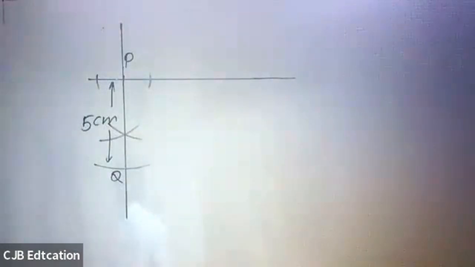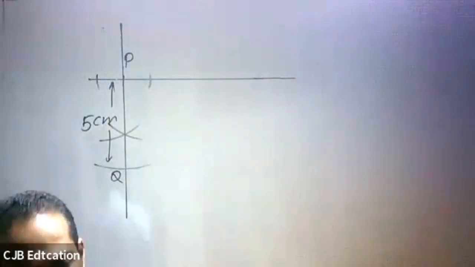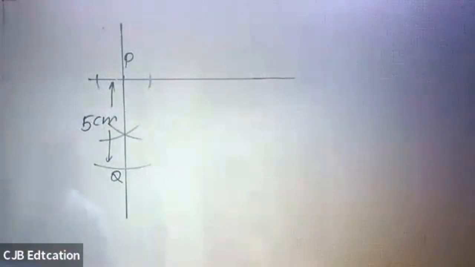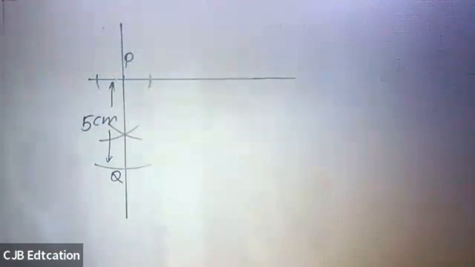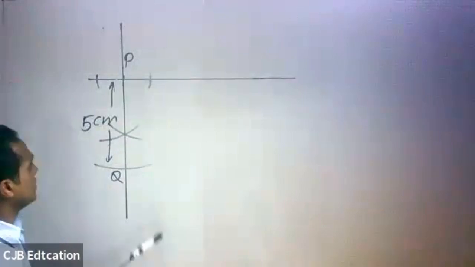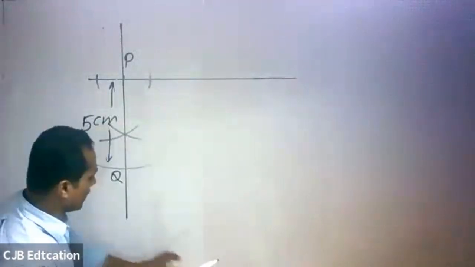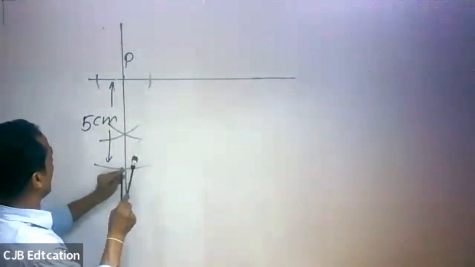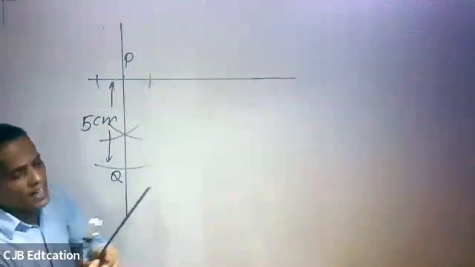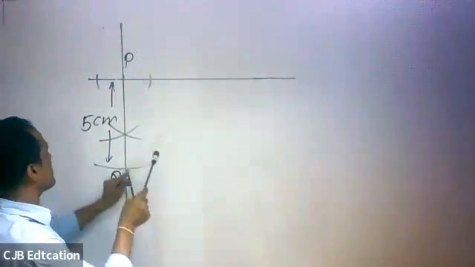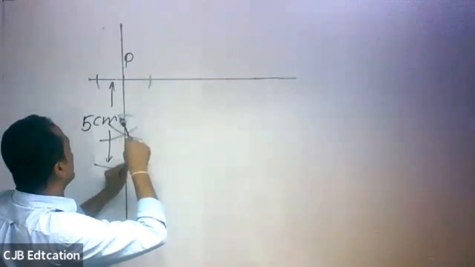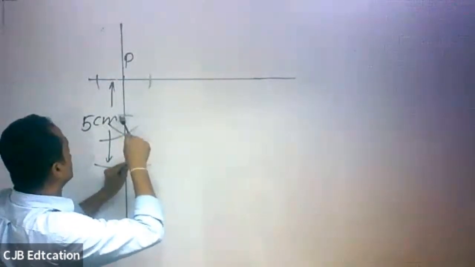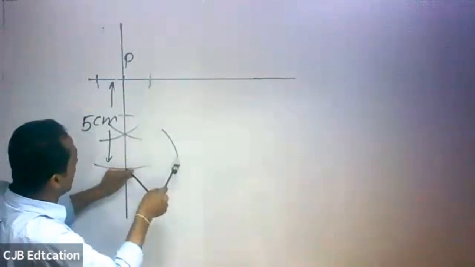Right? Then the question says construct an angle of 60 degrees at Q. Right, now we have to construct a 60 degree angle at point Q. Right, what do we have to do to construct a 60 degree angle? So there we should take some little distance to the compass and put the tip on the point Q, and take the arc on the PQ straight line and arc on here.